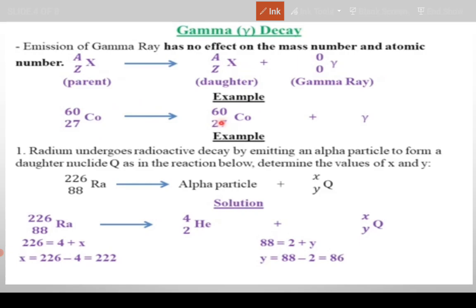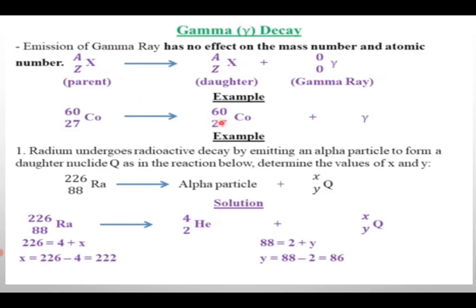Let's look at an example just to substantiate what we are talking about. Suppose an element such as radium undergoes a radioactive decay by emitting an alpha particle to form a daughter element Q. As in the equation shown below, determine the values of X and Y. So we have X here and Y there.